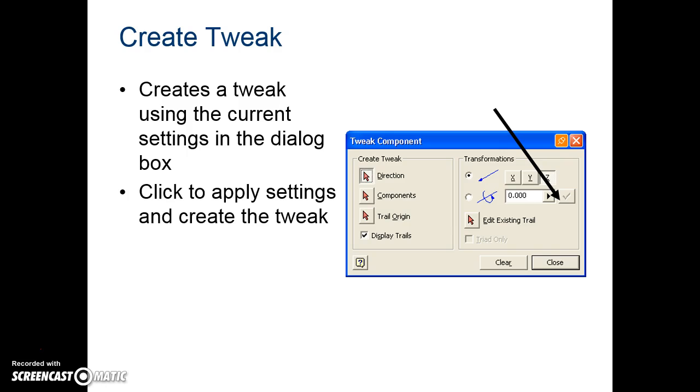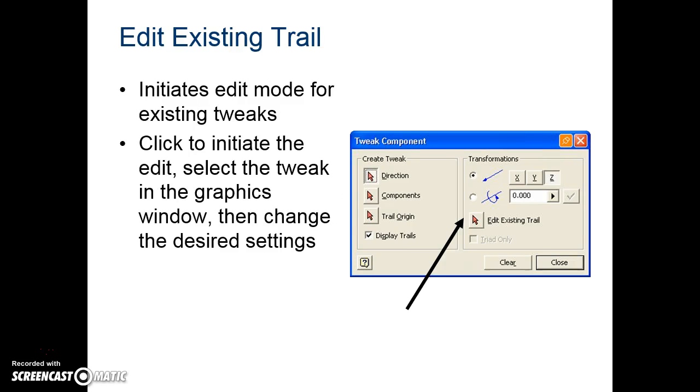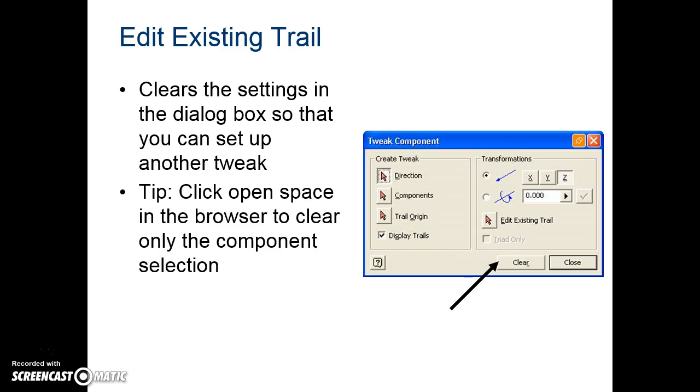Click to apply settings and create the tweak. Edit: initiates edit mode for existing tweaks. Click to initiate the edit. Select the tweak in the graphics window, then change the desired settings. Edit existing trail clears the settings in the dialog box so that you can set up another tweak.